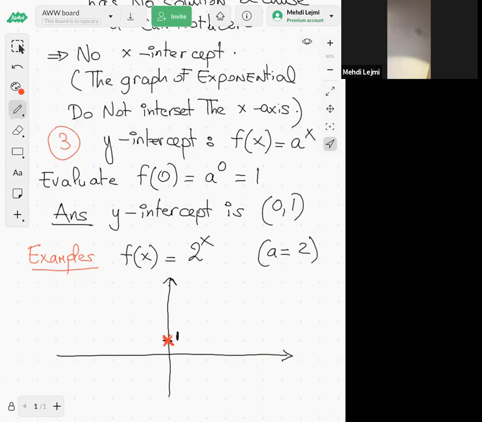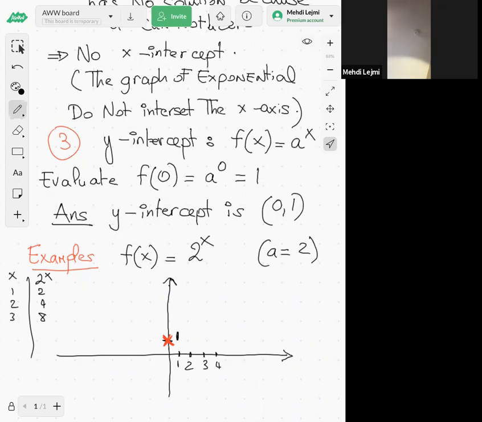All right. You can make a table of values. Let's say here's your x, and here's 2 to the power x. So for example, if x is 1, 2 to the power 1 would be 2. If x is 2, 2 to the power 2 would be 4, etc. If x is 3, 2 to the power 3 would be 8, etc. So then you can plot these values. Let's say this is 2, 3, and 4. Of course, this is 1 here.